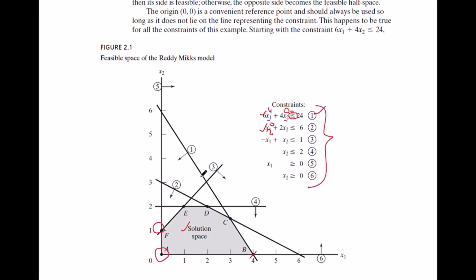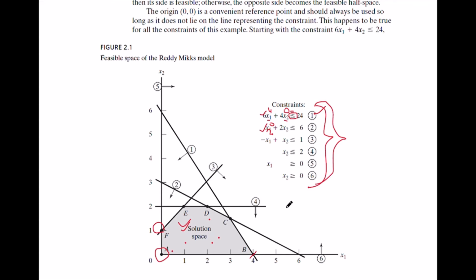So for equations 1, 2, 3, 4, 5 and 6, this shaded gray region is the common solution space. Any random point you pick on this is a common answer which can solve all of these equations.